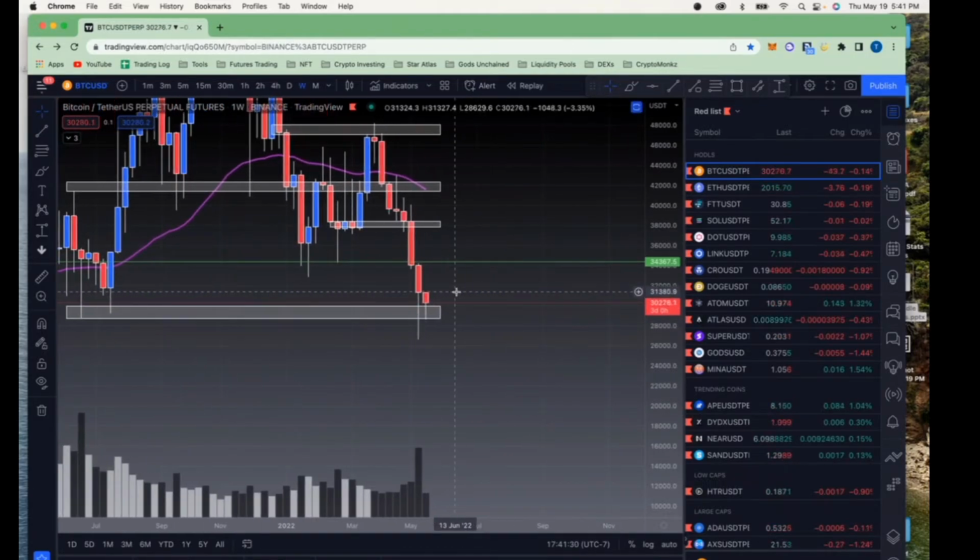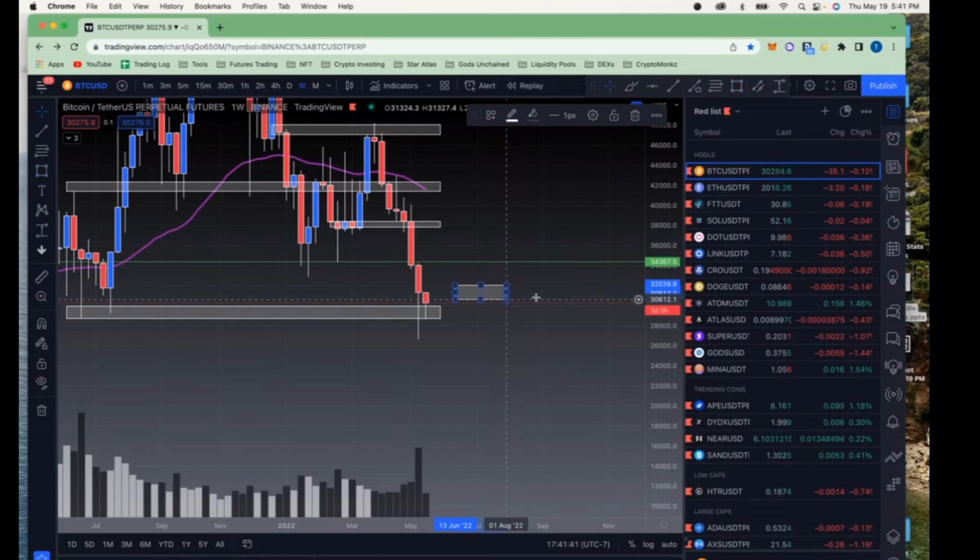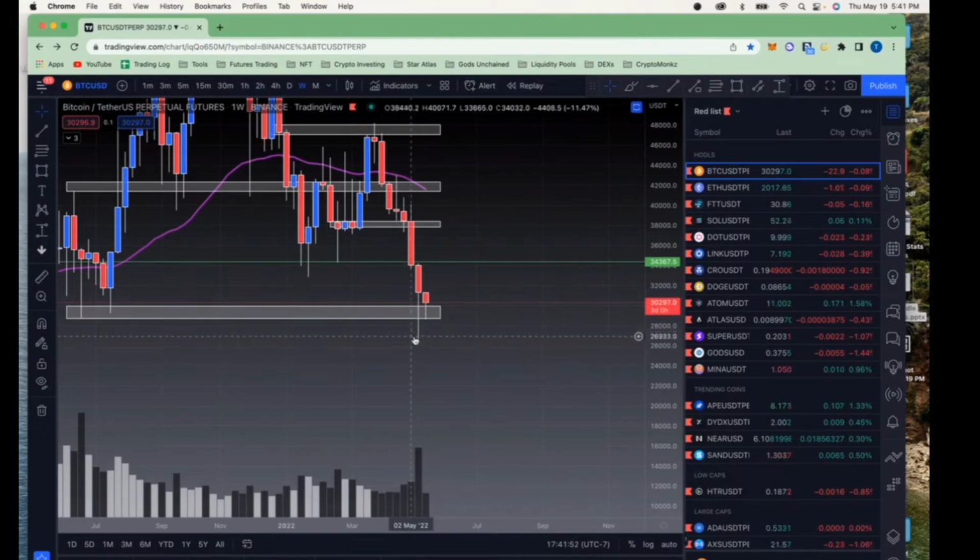So if this candle were to close up above here, around the 32K area, I'd maybe consider opening a swing long or buying some spot, because you could go off of the simple candlestick pattern that bears tried to push it down further, but bulls stepped in. But you would have to close the week up above here before you go long.